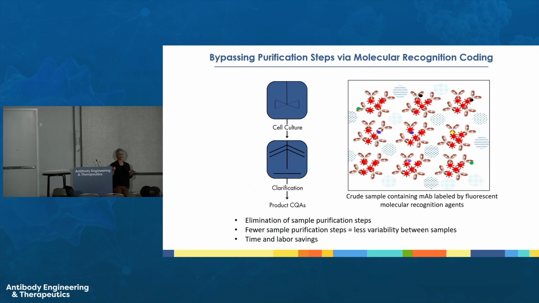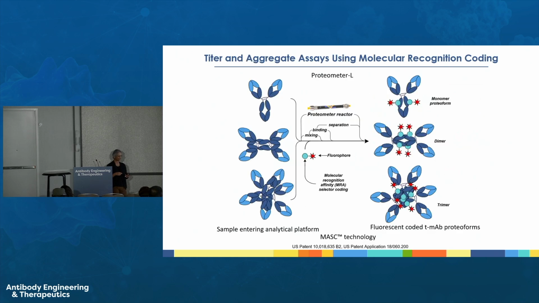And if there's a low level of non-specific binding, if you incorporate a separation component, you can get rid of all that non-specific binding also, and the whole assay becomes really very specific. Because you have very few sample purification steps, basically just removing cells, you have less variability between samples. You also have a lot of time and labor savings. So it's actually kind of cool.